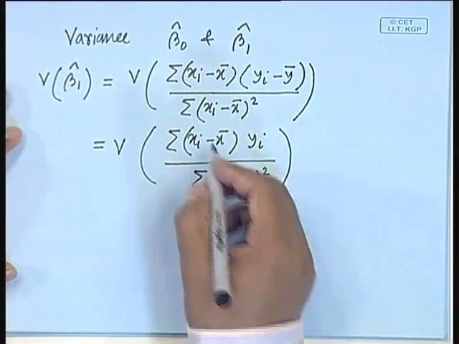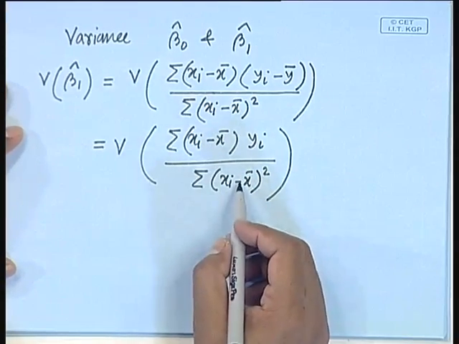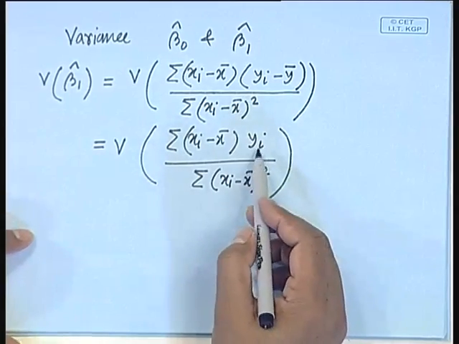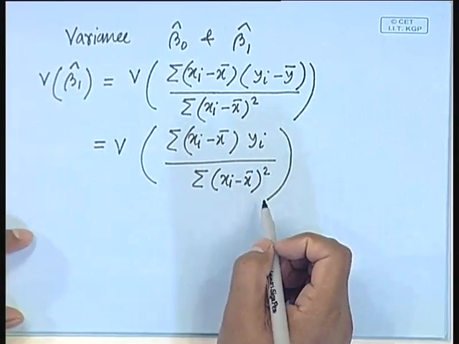I also proved before that this estimator is a linear combination of the observations yi.